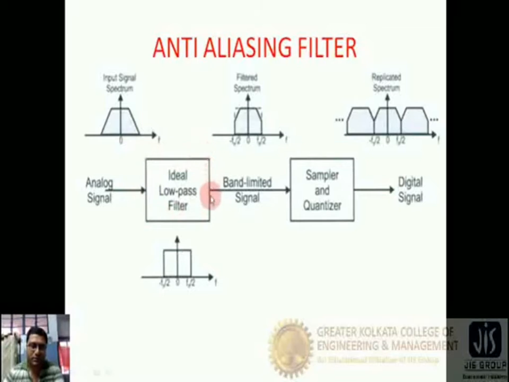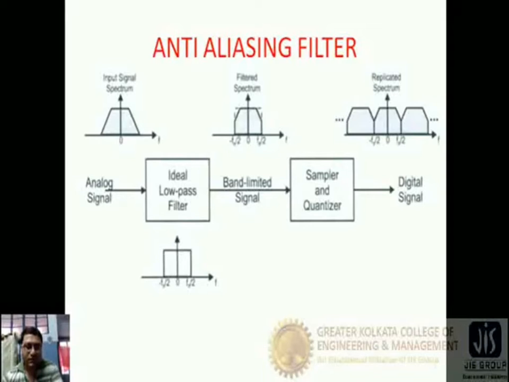So the distortion does not occur in the sampler or the other digital activities. So in this way we can prevent the aliasing effect with the help of an anti-aliasing filter, which is nothing but a low pass filter with a desired cutoff frequency.